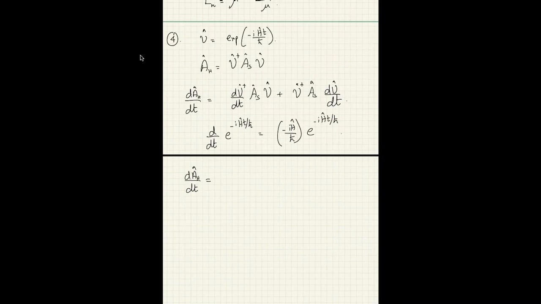So what's the first term? The first term would be minus iH over h bar e to the minus iHt over h bar A_S e to the iHt.